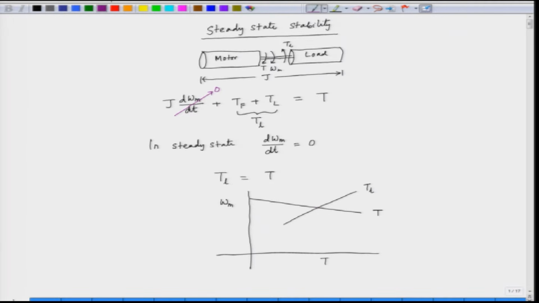It means the motor will be running at this speed and the corresponding torque will be this torque. So, this is the operating point. This is the motor characteristic, and this curve represents the load characteristic.